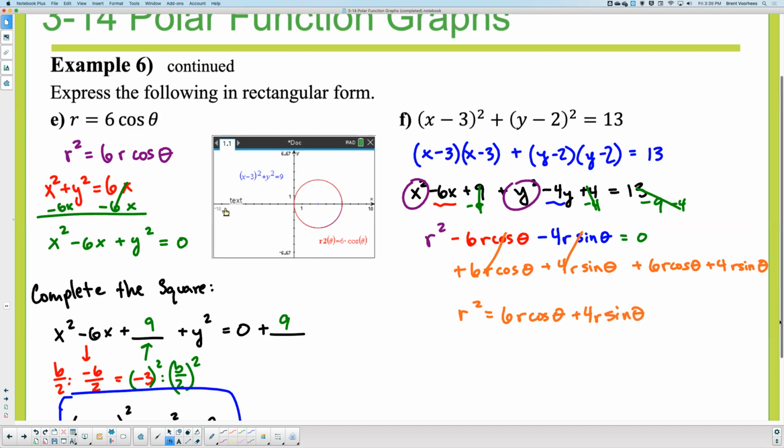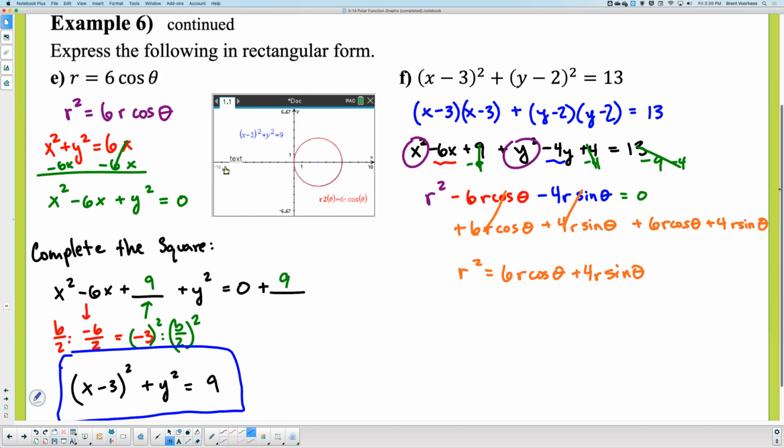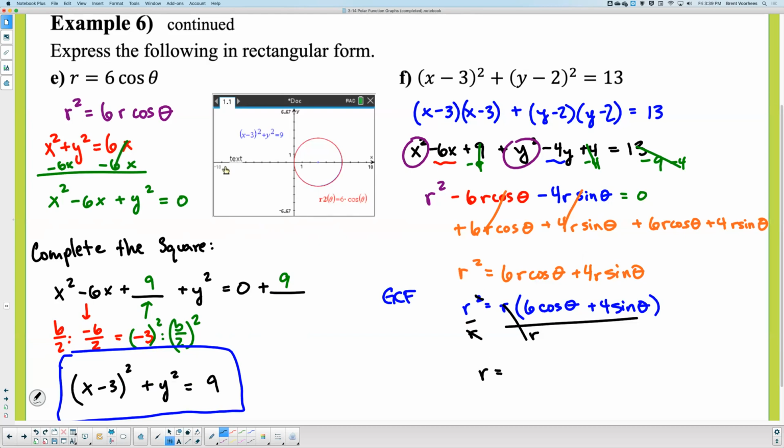We're almost done here. I have a GCF on this side. If I GCF'd out, you can notice I have an r that I could pull out on both sides here. So it's 6 cosine theta plus 4 sine theta. Now what can I do? I can divide both sides by r, and we'll finally have our solution. This r cancels with one of those two. We have r equals 6 cosine theta plus 4 sine theta.